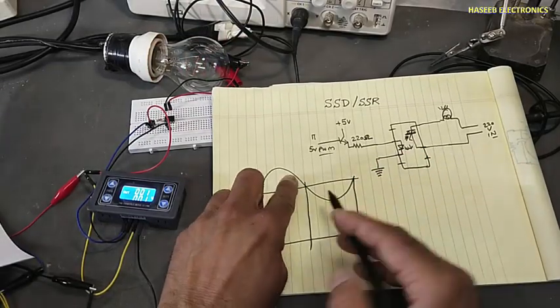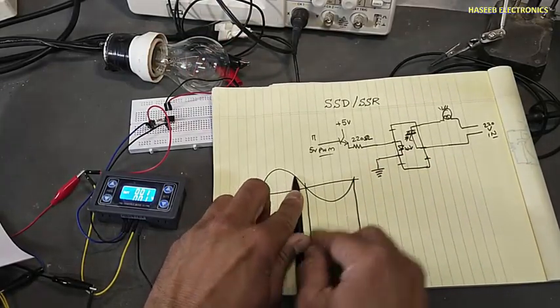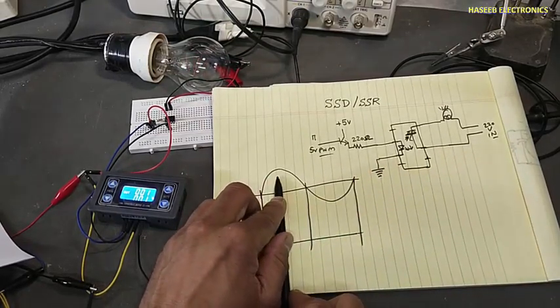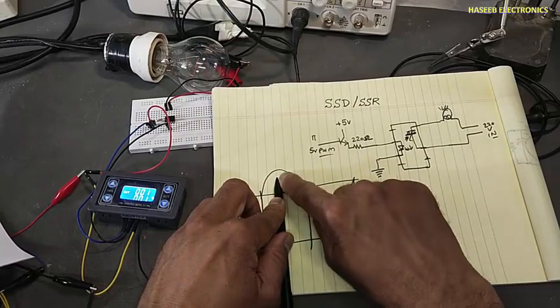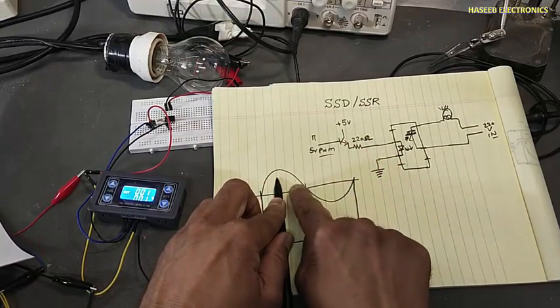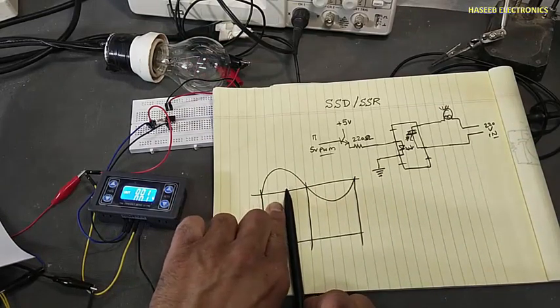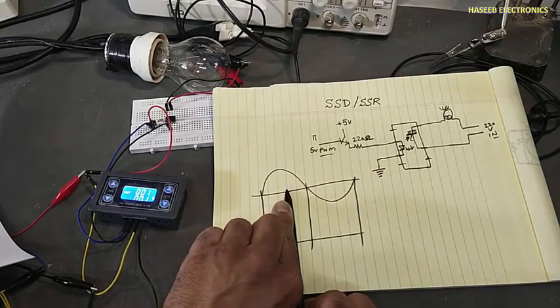If I provide a pulse here, it will provide this voltage in the output. If I provide this voltage, at that time it will start switching and it will pass the signal until the signal is no longer present.